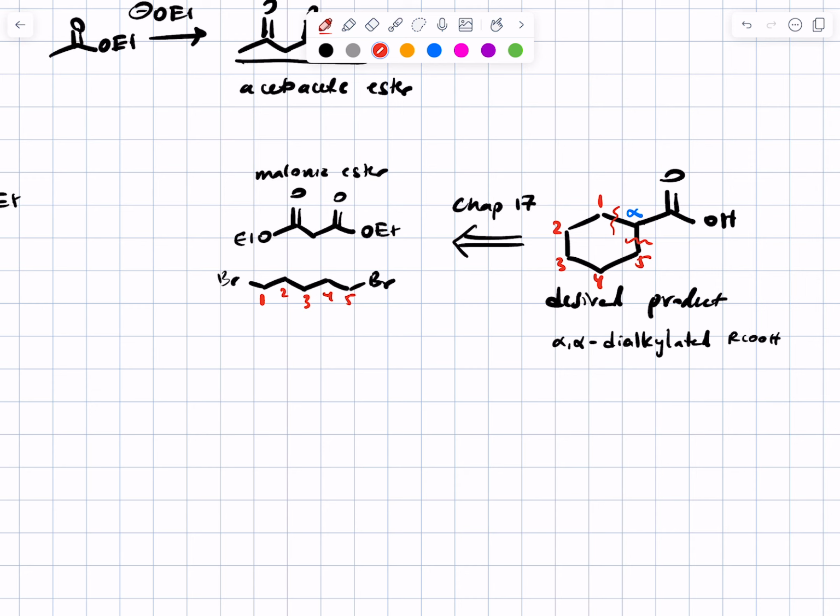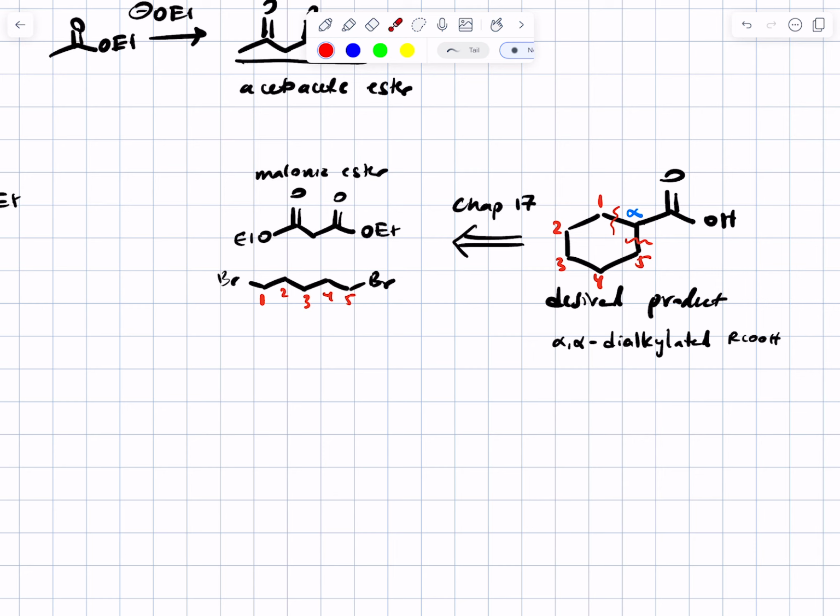You'd use a base, sodium ethoxide, to remove the especially acidic alpha proton here. You'd do one alkylation reaction to get a monoalkylated diester product. Then you'd introduce a second molecule of sodium ethoxide to remove the second proton, and the new enolate would then react with the other alkyl halide at the end of that chain to make your 6-membered ring.